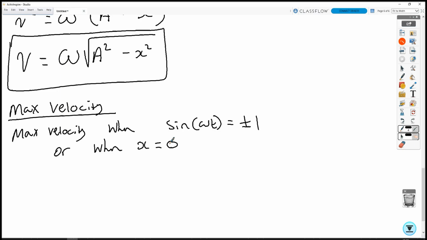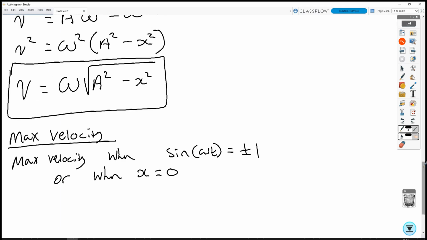Now let's think about that for a moment. If the sine function is a maximum, at the same point the cosine function is 0, because they're pi over 2 out of phase, or 90 degrees out of phase. So when sine is maximum, cosine is 0. And we can see it from this equation as well.